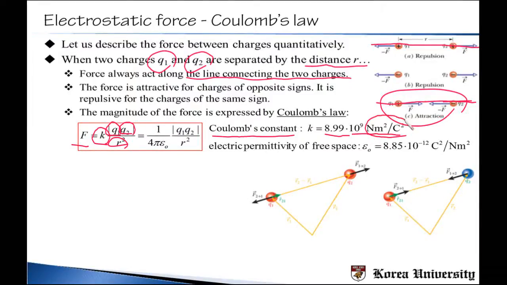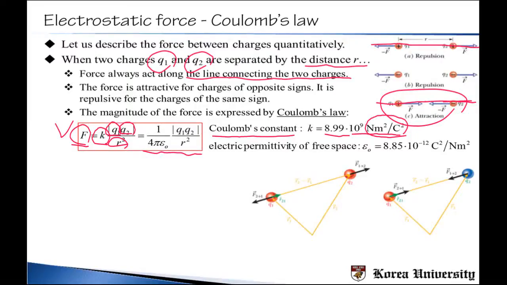It is simply because in Coulomb's law, the left-hand side is the force, while the right-hand side includes two charges and the square of the distance. So one of the roles of this constant is making a balance of units between the two sides of the equation.